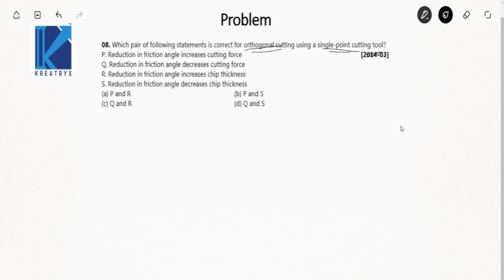Basically, cutting force is denoted by Fc = R cos(beta - alpha), where Fc is the cutting force and R is the resultant force. It is a relation derived from Merchant's circle diagram. If you have read through the theory, you might know this relation.